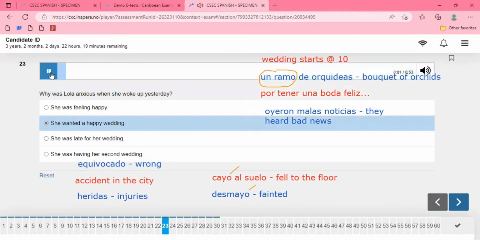A Dream Come True. Parte A. Ayer fue el matrimonio de Lola. Ella se despertó temprano porque estaba ansiosa por tener una boda muy feliz y romántica. La boda iba a ser a las 10 de la mañana, de manera que Lola ya estaba lista a las 9:30 de la mañana.